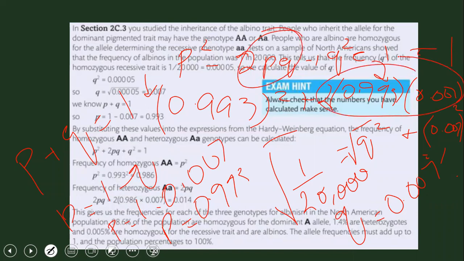So that's how you can use your Hardy-Weinberg equation to calculate the dominant, heterozygous, as well as the recessive genotype frequency in a population. And if the total is coming up to 1, that is another way of confirming that your species is indeed at a stable state and it is not evolving. Is this all making sense? Yes.